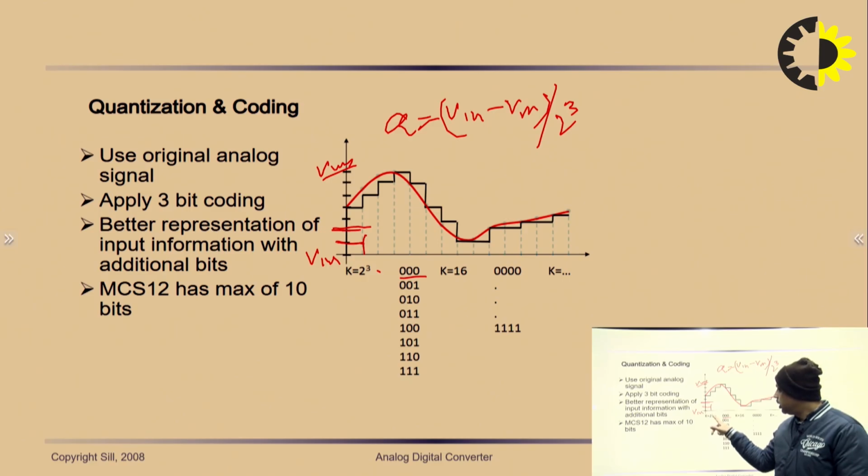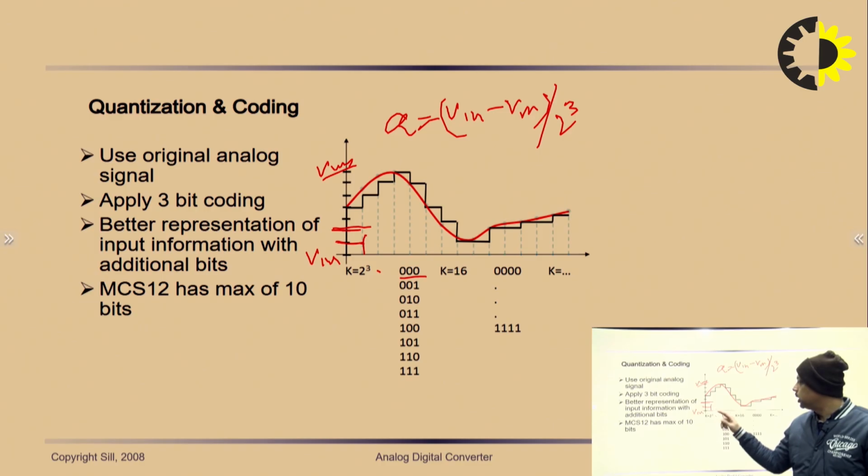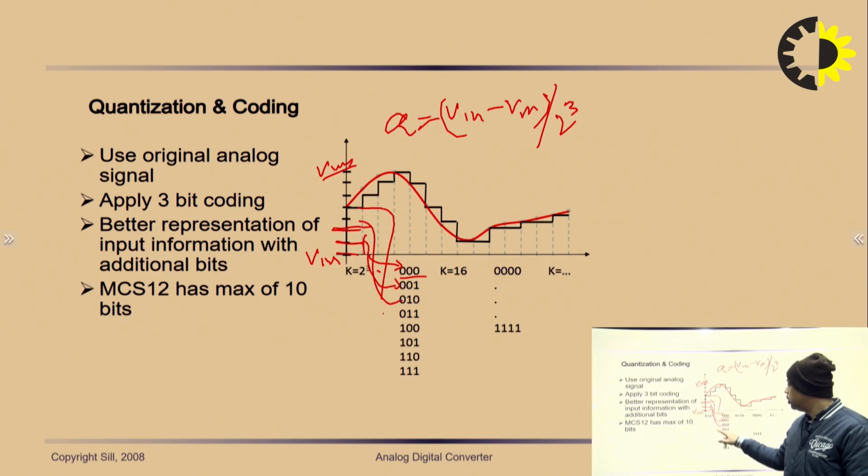So after the quantization process, after we quantize each signal to a particular level, each level is provided with a code. Let's suppose for this level we have the code 000. For this level we have the code 001, then 010, 011, and in this way we can provide different codes to different levels.